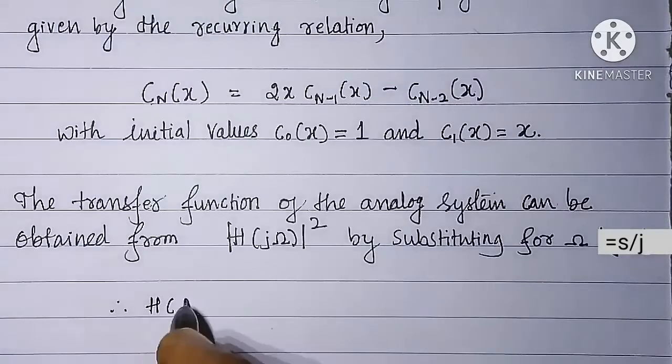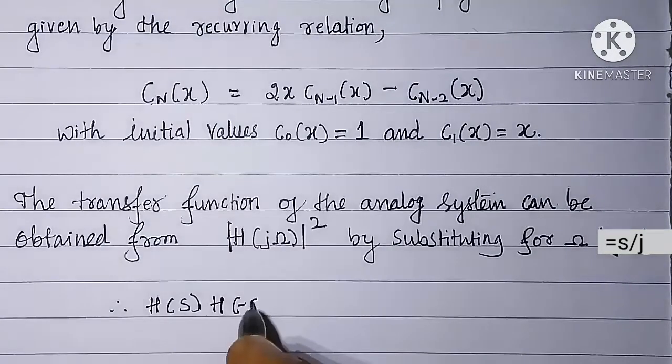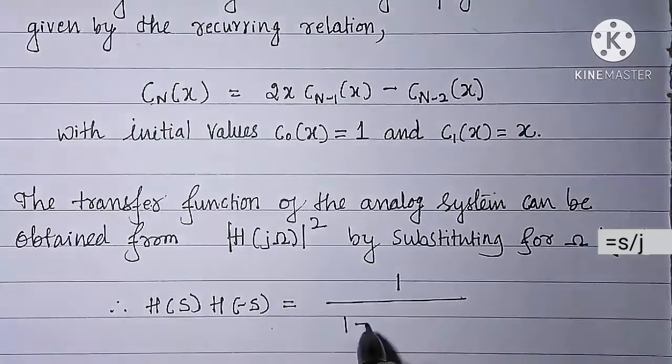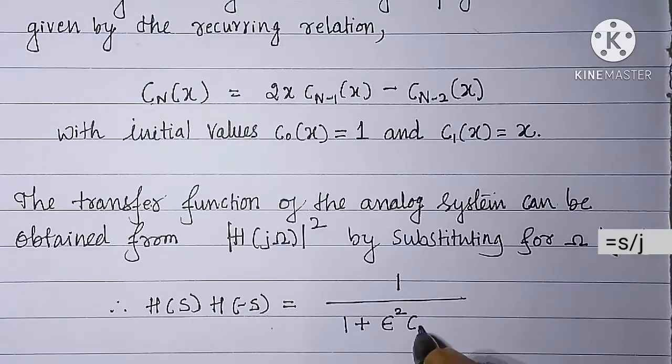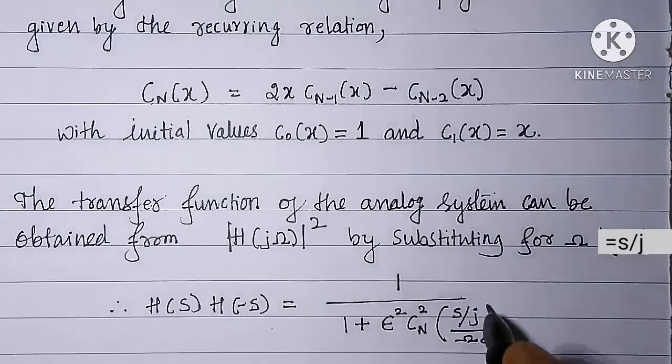Therefore H of s into H of minus s equal to 1 upon 1 plus ε², that is attenuation constant squared, Cn² of s by j by ωc.